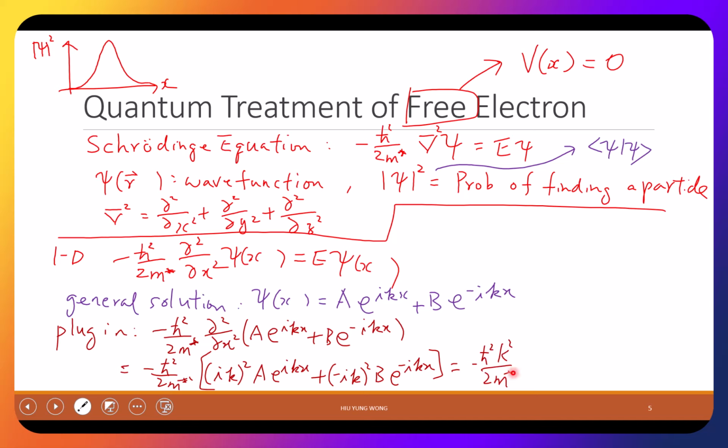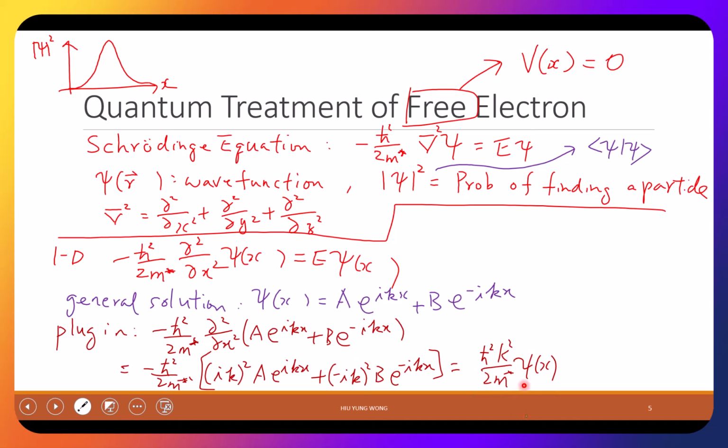And then when I take this out, I have a times e to the power ikx plus b e to the power negative ikx, which is just equal to psi of x. Sorry, because I already took the negative, this is negative. Negative times negative is positive, right? So again, i squared is negative 1. Negative 1 times negative 1 is positive, right? So that's why I have this.